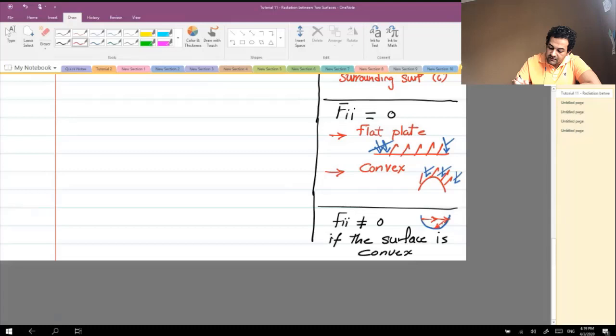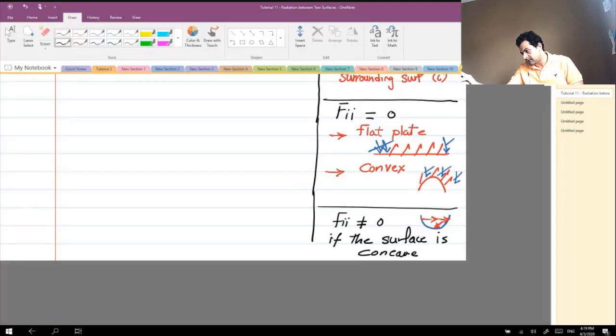So it might return here or it might return here. So Fii in the case of concave is not equal to 0.